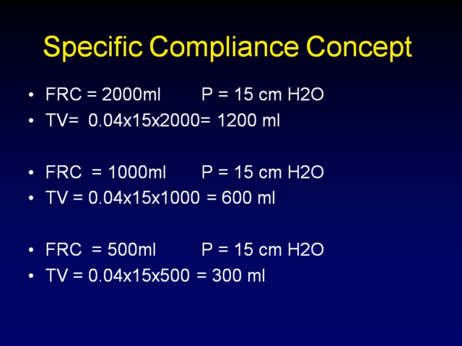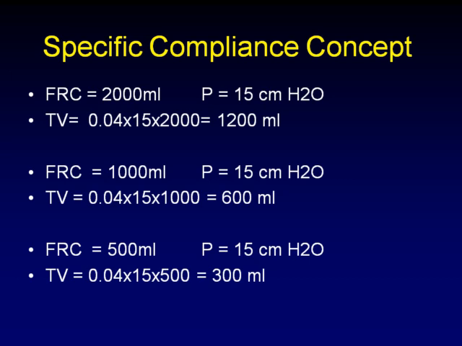I apply the same 15 centimeters of water. Now the change is 600 milliliters. If the lung now is only 500 milliliters, by applying the same pressure, I'll have a 1/4 change in volume.